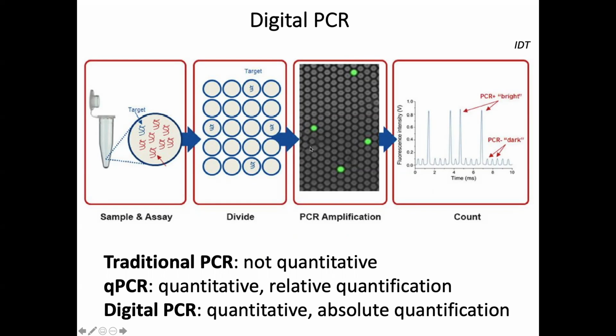So by counting these bright signals, you can tell how many DNA molecules exist in your original sample just by counting those peaks. Therefore, this method gives you an absolute quantification and is highly sensitive, and it can be used to quantify the amount of DNA or RNA when the source of nucleic acid is very little, all right?